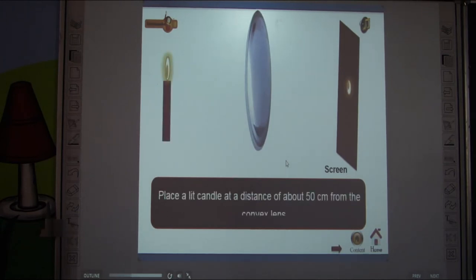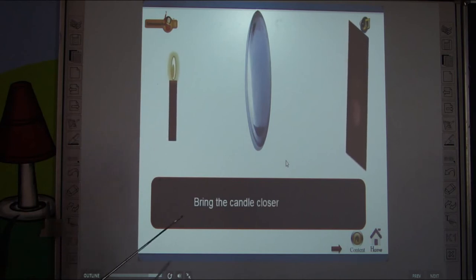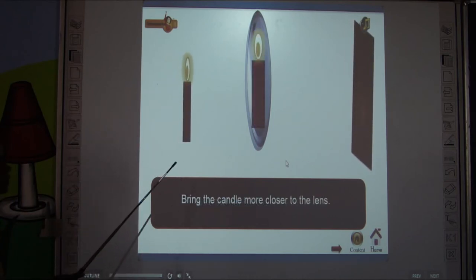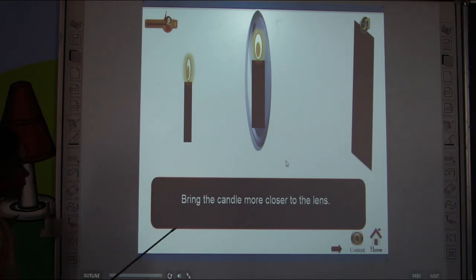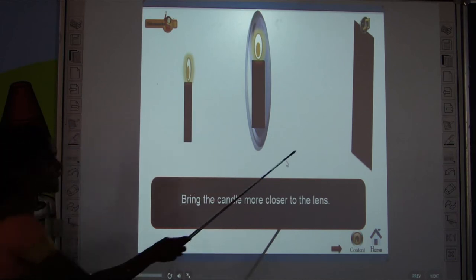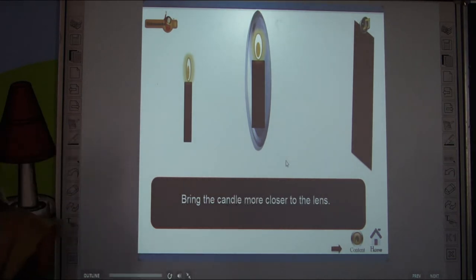Place a lit candle at a distance of about 50 cm from the convex lens. This is the lit candle. Bring the candle closer to the lens. If we bring the candle closer to the lens, we can obtain the image. Bring the candle even closer to the lens. What will happen? We cannot see any image on the screen.